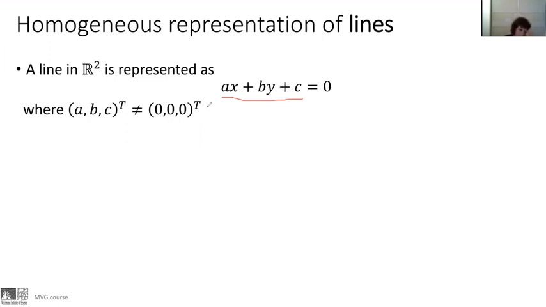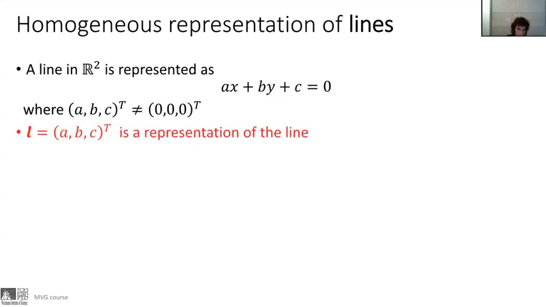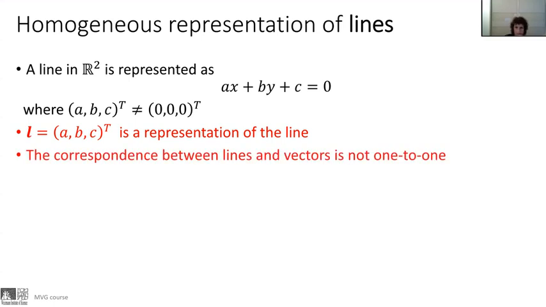So any line in R2 can be represented by (a, b, c) transpose, except the (0, 0, 0) transpose. So (a, b, c) transpose is a representation of the line.